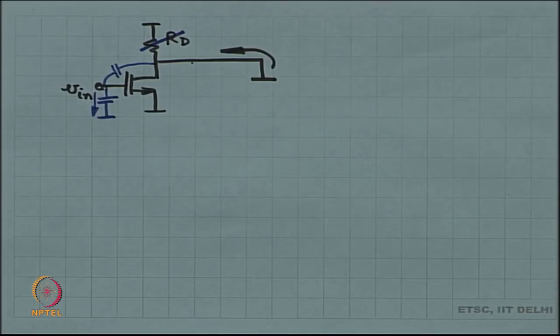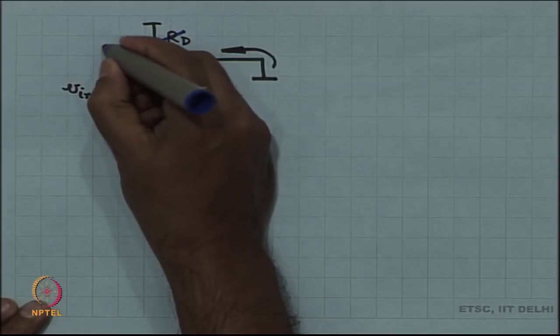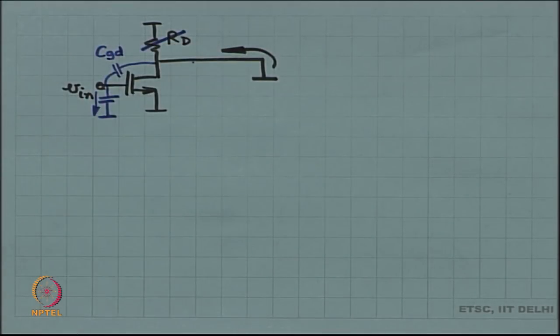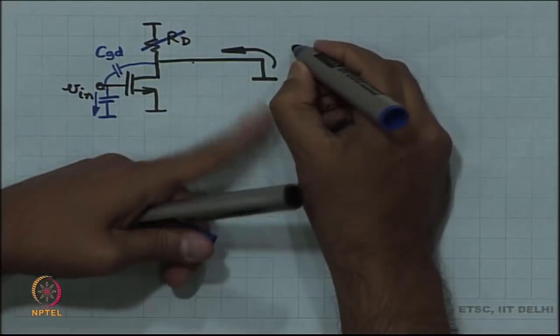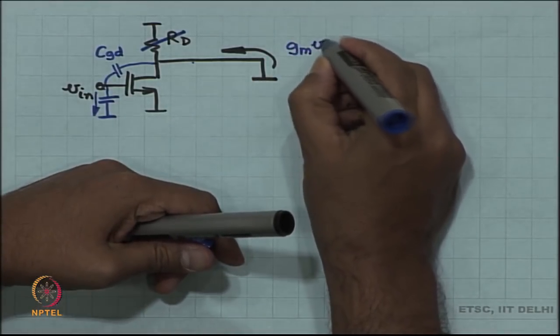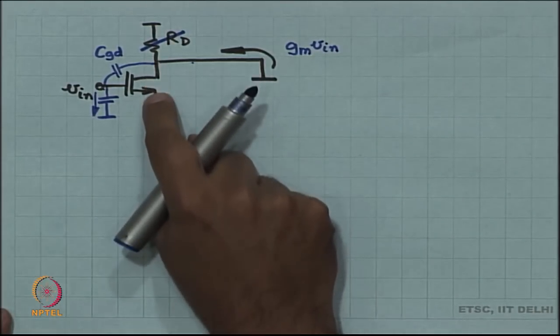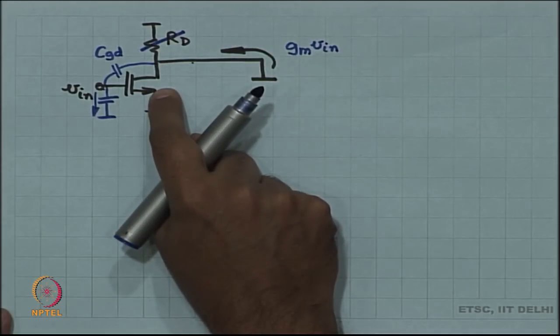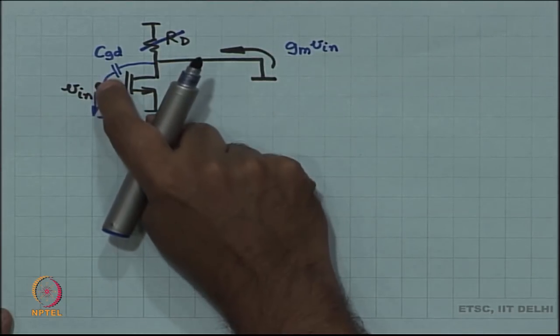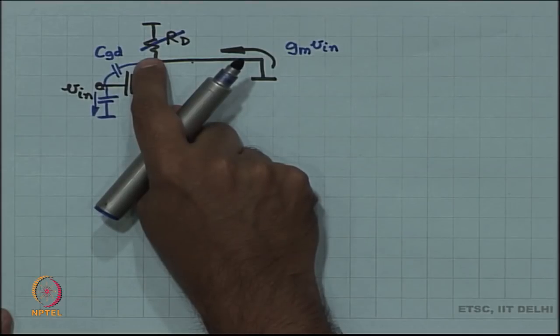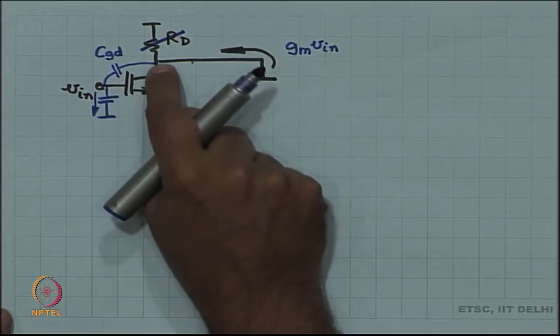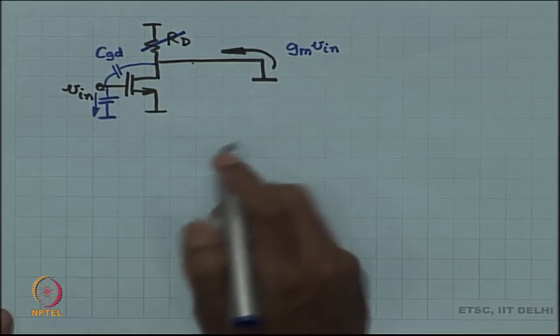So, yes, there is current through CGS, but it does not matter. So, all that I have over here is CGD, and therefore, the current that I have drawn over here is nothing but Gm times V in. Okay. That is the current going down through the MOSFET is Gm times V in, but there is additional current coming in over here, which is V in times SCGD.